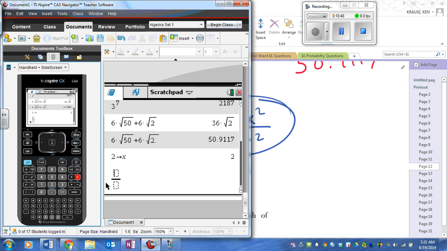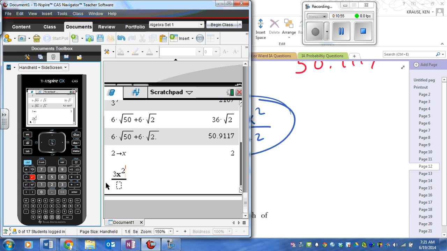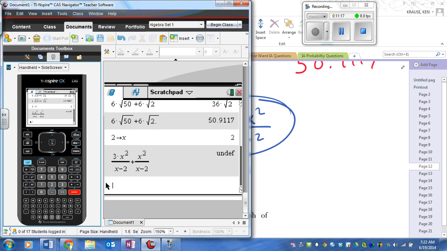We're summing, so we're going to add x squared over x minus 2. And you get, oh, undefined.